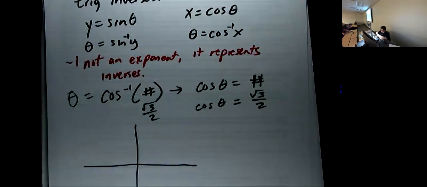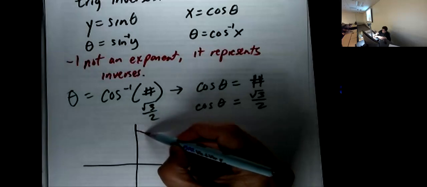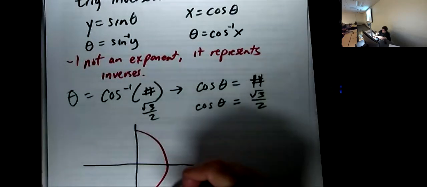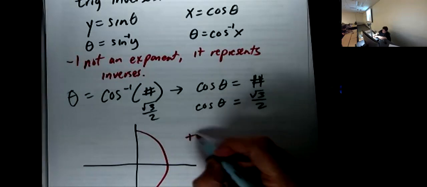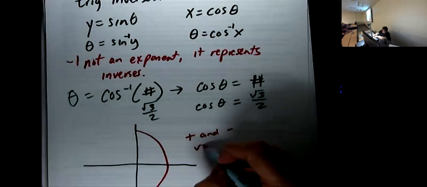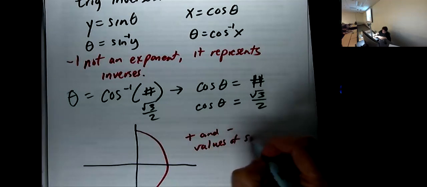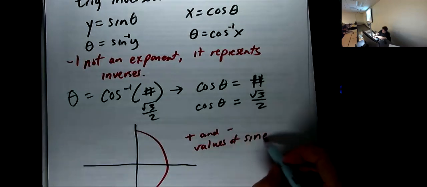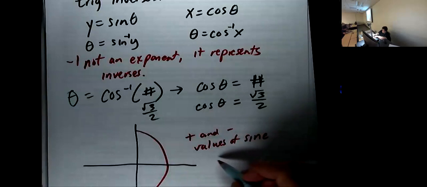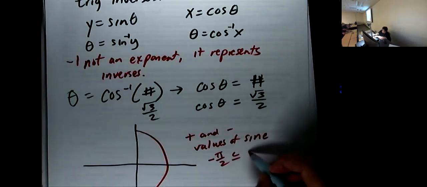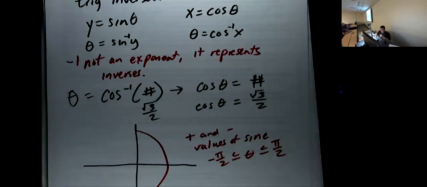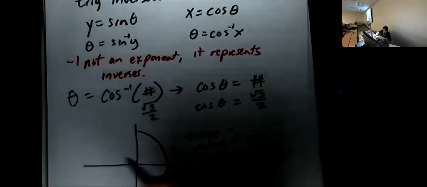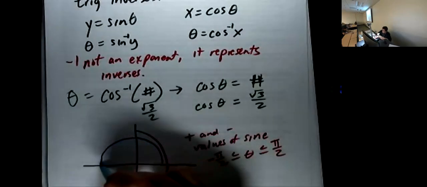If we want to get the full values for sine, this covers all the positive and negative values of sine. So the possible values are -π/2 to π/2. This relates to the graphs we saw earlier. And for cosine, we get all the positive and negative values doing the top half.